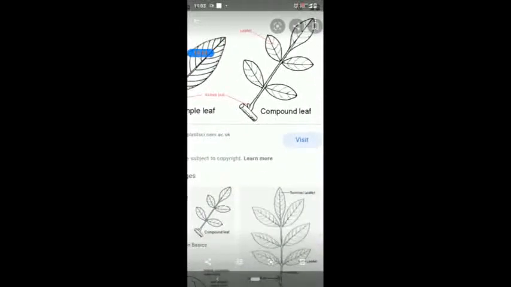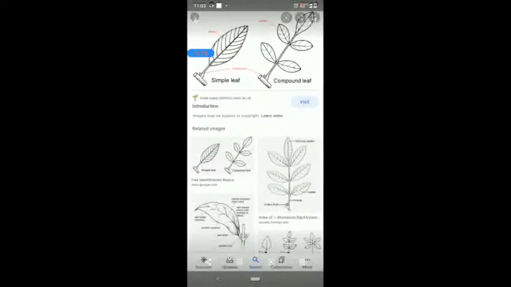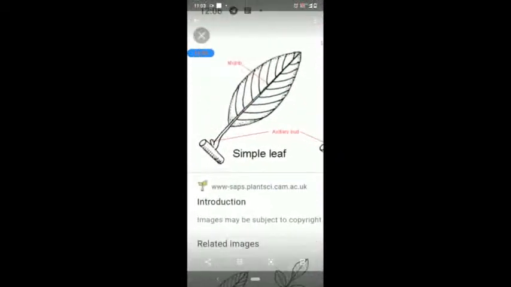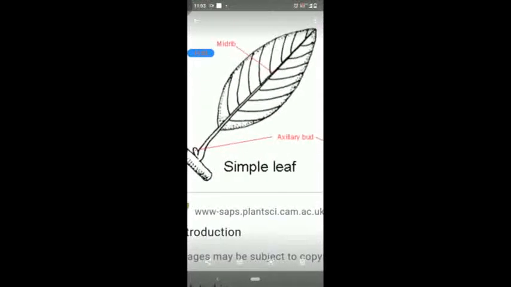We call a leaf simple when there is only a single midrib, a single undivided leaf blade and a single midrib.